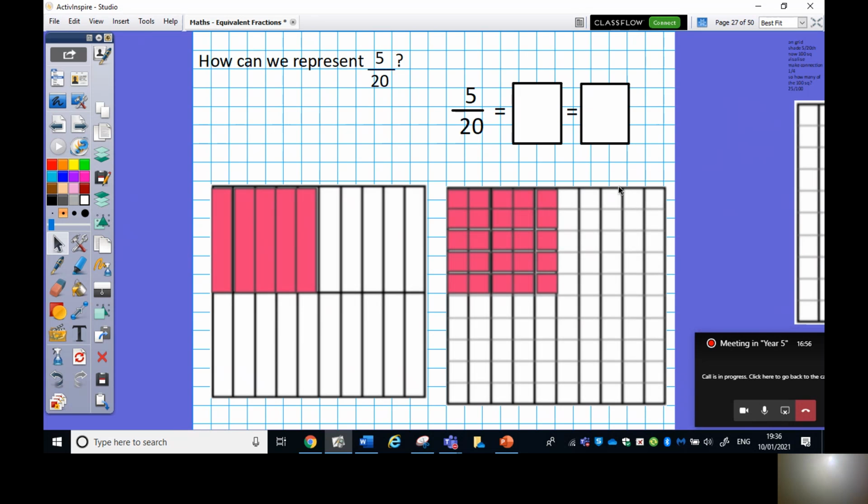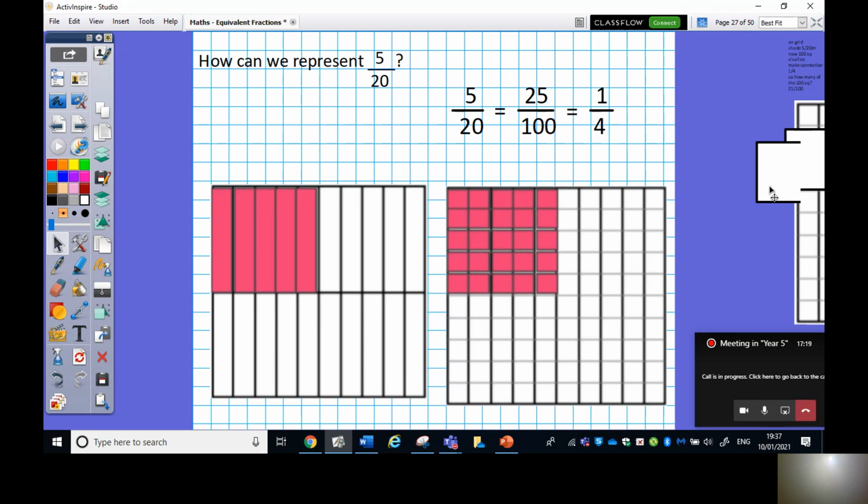Can you see how many of the 100 squares are coloured in? 1, 2, 3, 4, 5. 1, 2, 3, 4, 5. 25. So 25 hundredths are coloured in. So we can say that 5/20ths is the equivalent of 25 hundredths and 1/4.